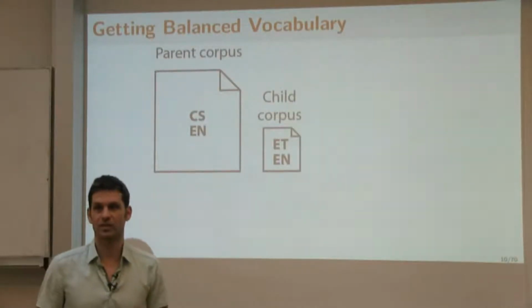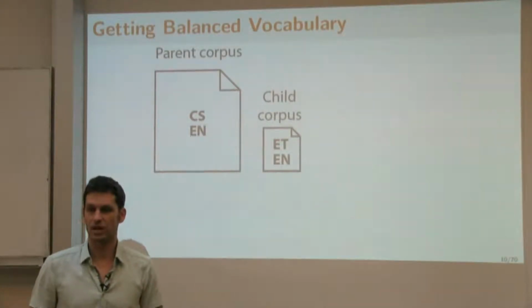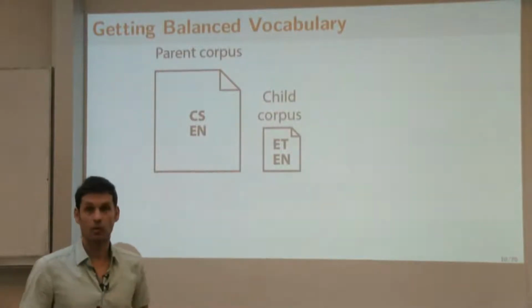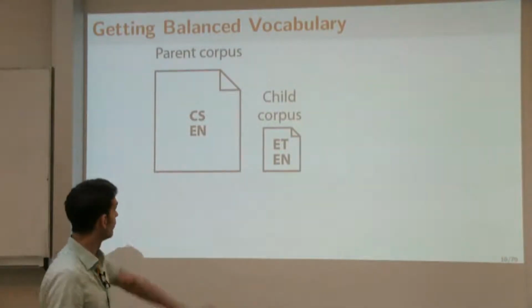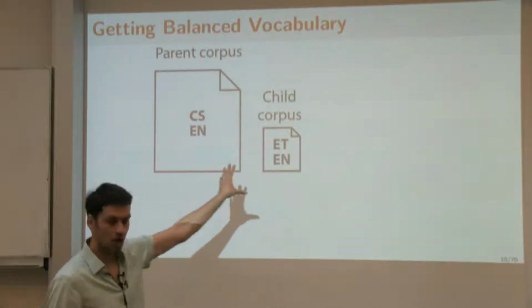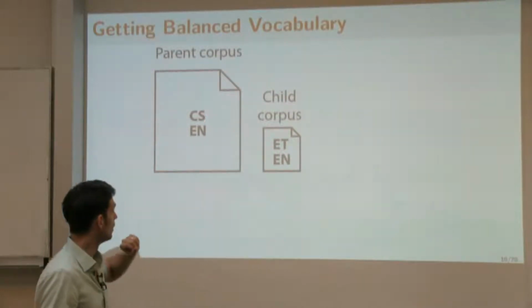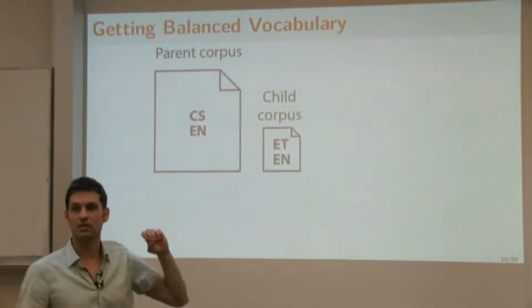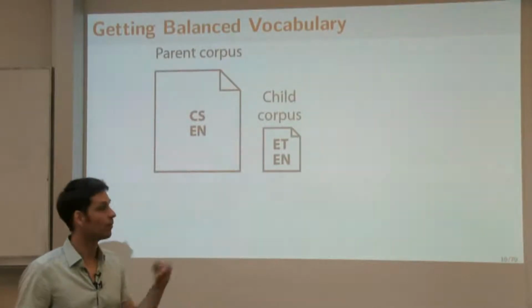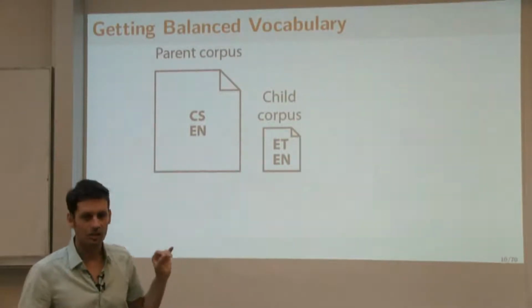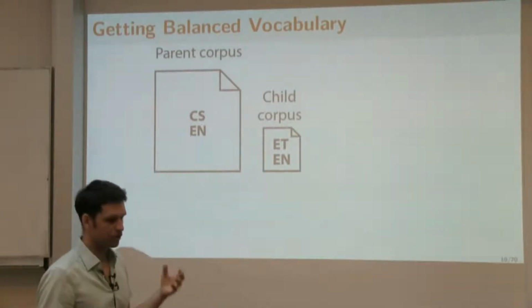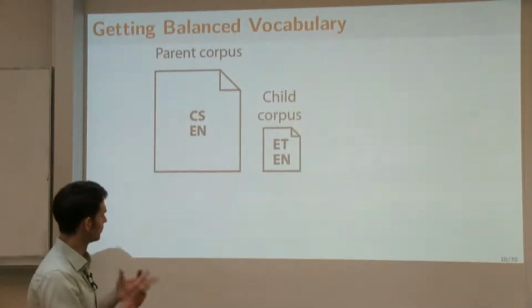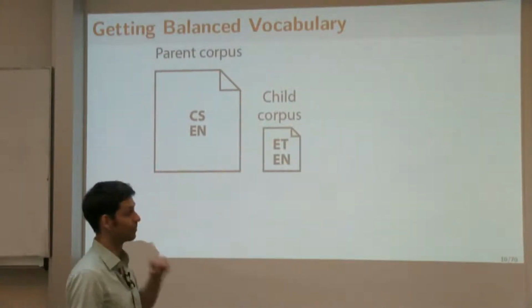One thing that has to be taken into account is the vocabulary size and the subword vocabularies. If you have a parent corpus which is typically big and a child corpus which is typically small, and you extract the subword dictionary from these two corpora together, then the subword dictionary would be heavily overfit to the parent.